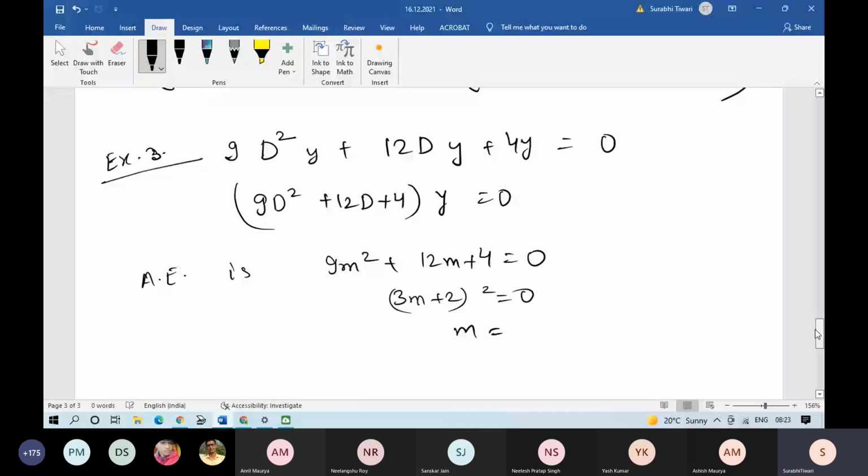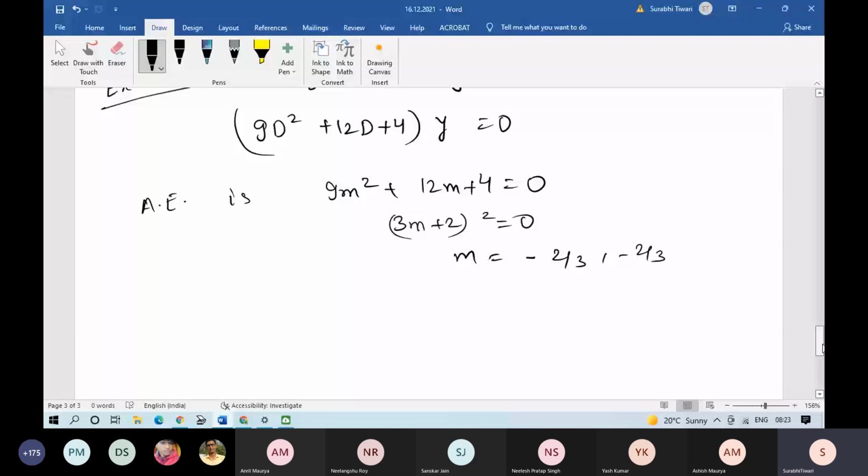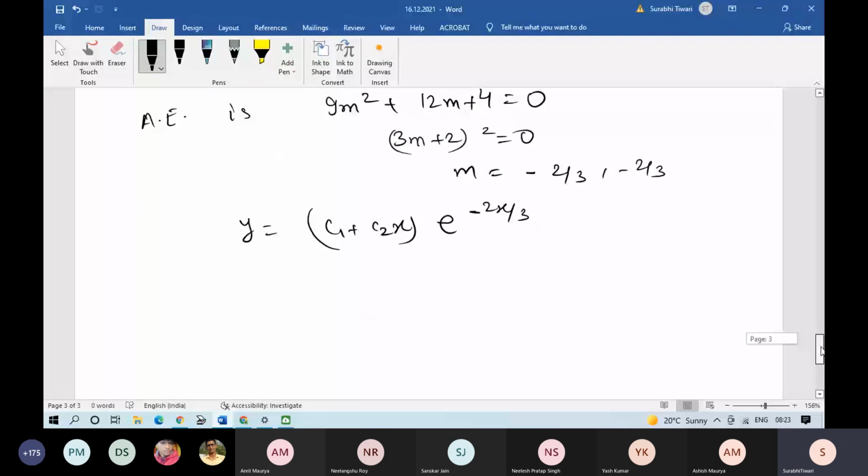So m is equal to minus 2 by 3. So y is equal to (c1 plus c2x) e raised to the power of minus 2x by 3. Clear?